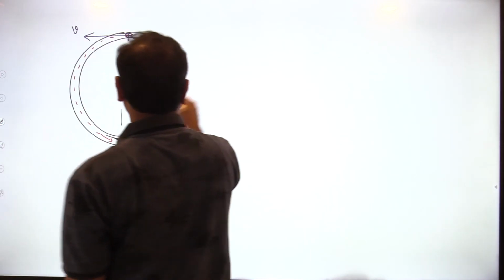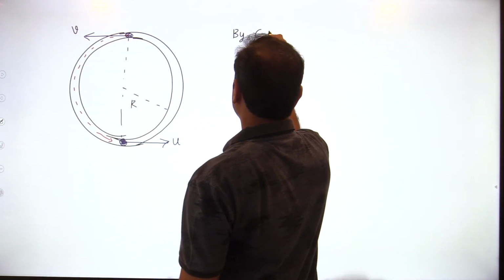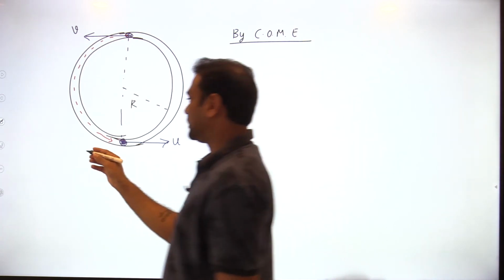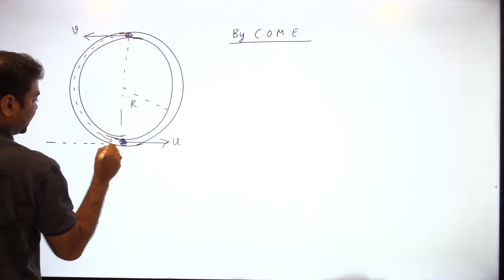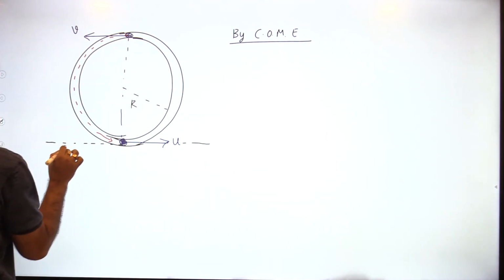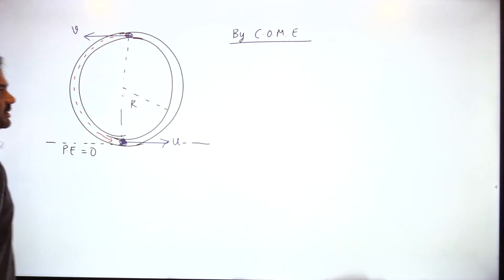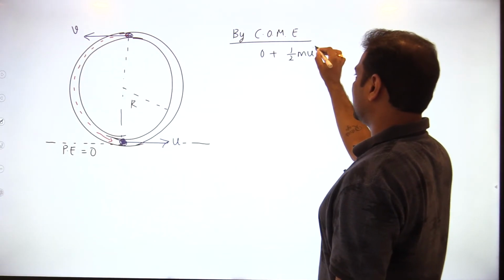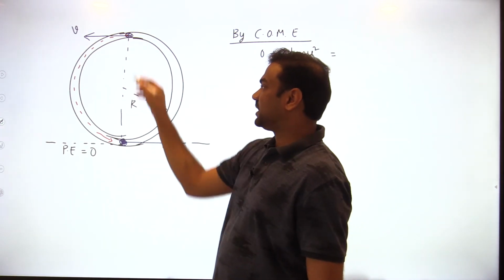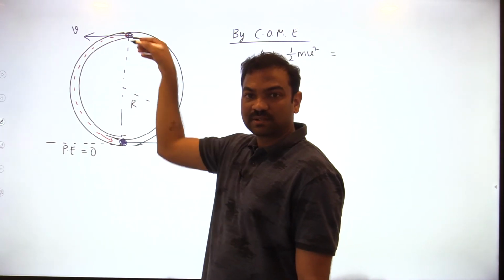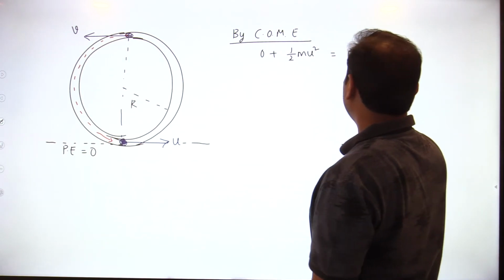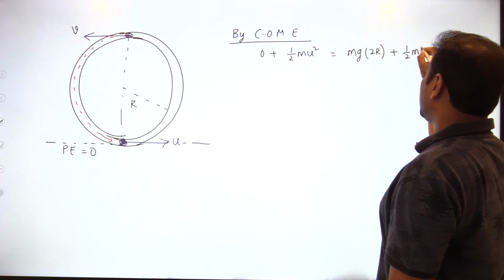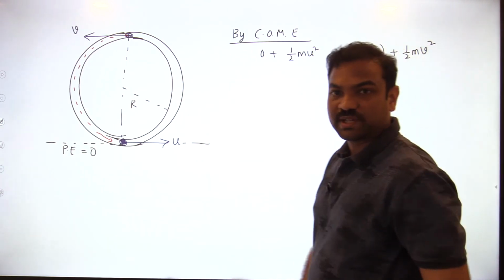By conservation of mechanical energy, what can I write down? Here the potential energy is 0. Whenever you are writing the conservation of total mechanical energy, always identify where the 0 potential energy is. Then the potential energy is 0, kinetic energy is half mu square, equal to, now the potential energy: R plus R, 2R height it has gone, so mg into 2R, plus half mv square, where v is the velocity at the topmost point.